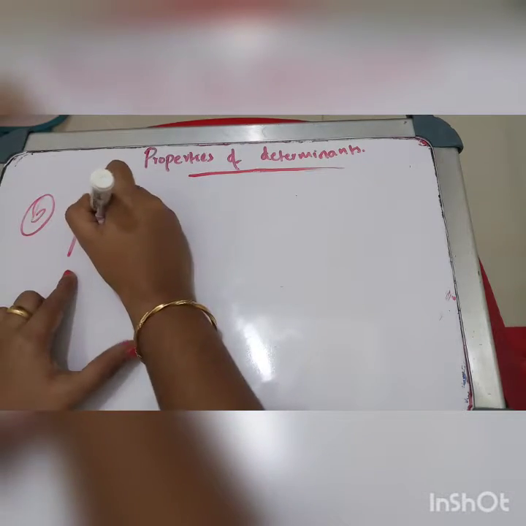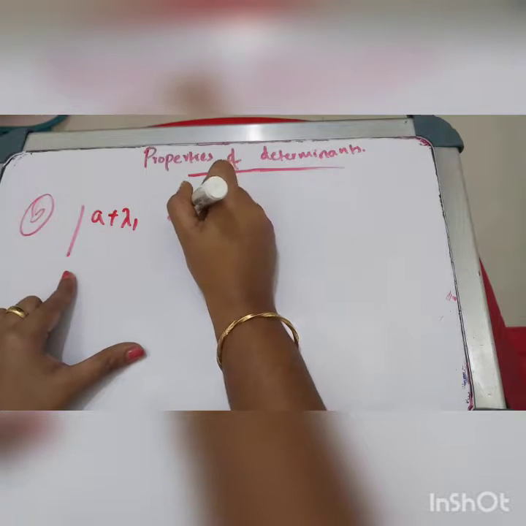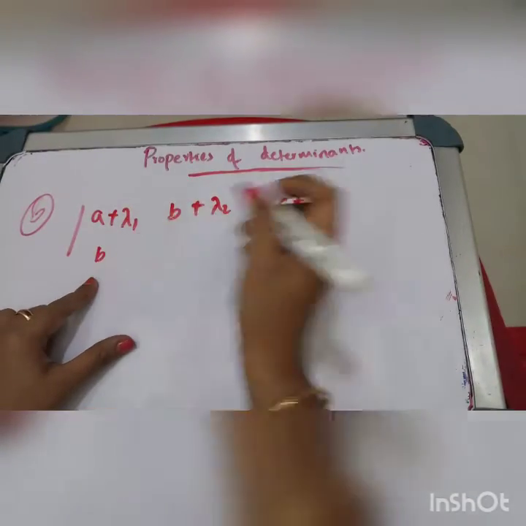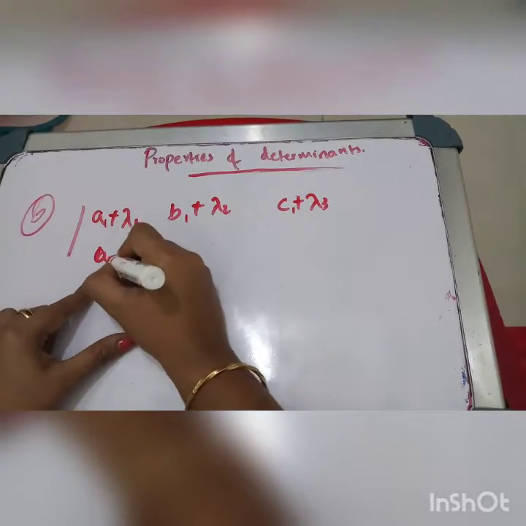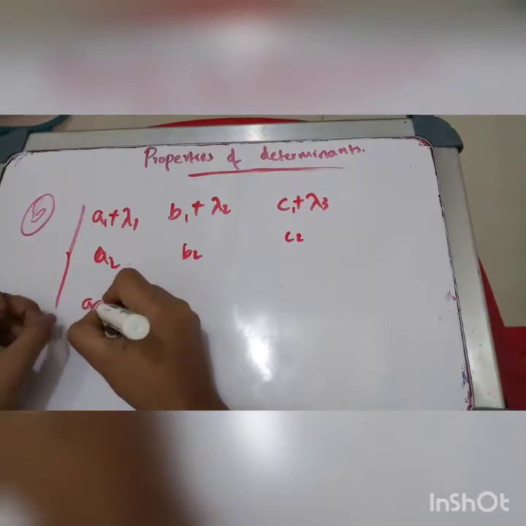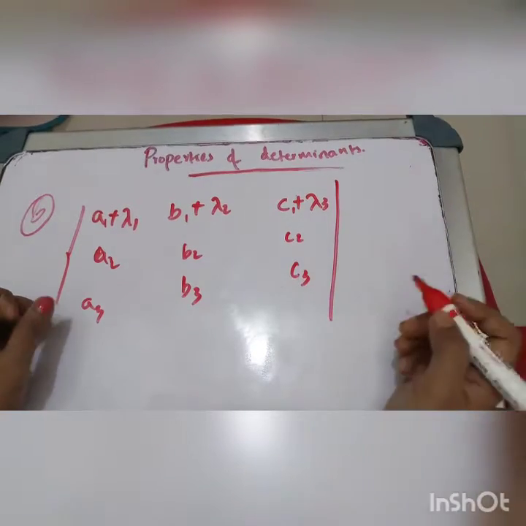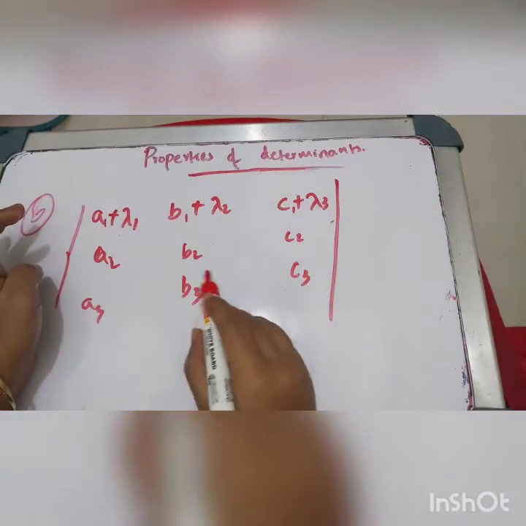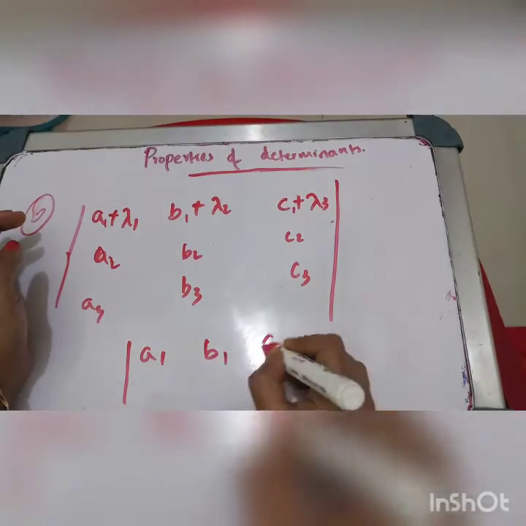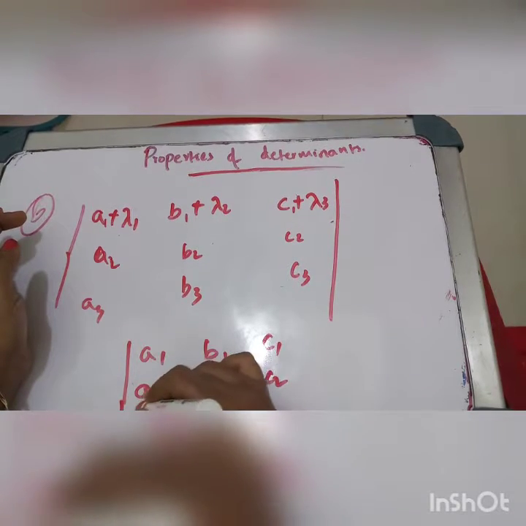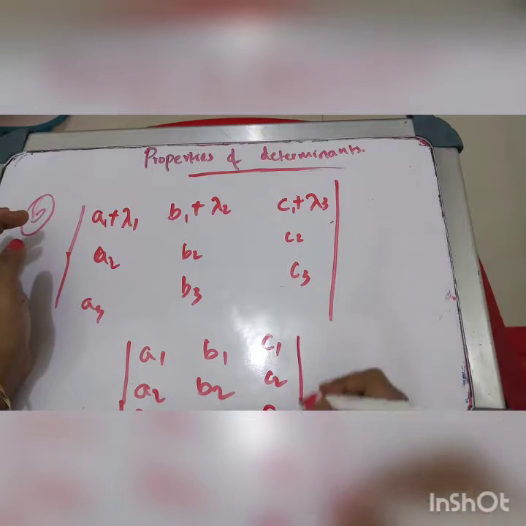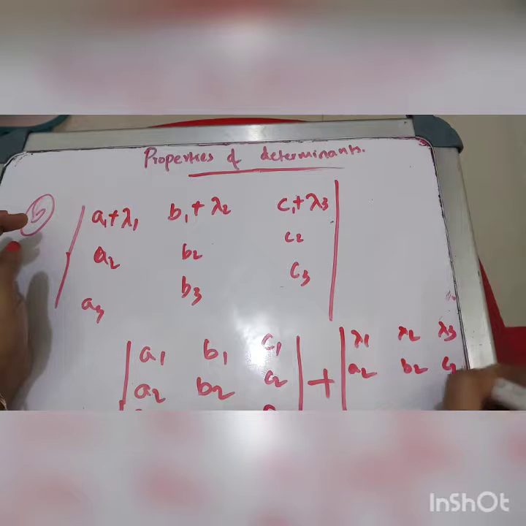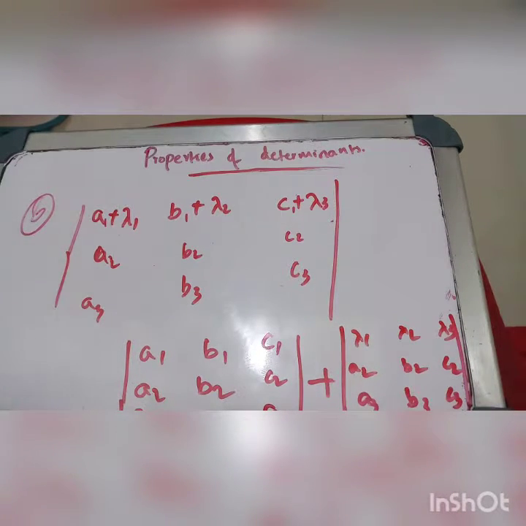Consider an example: if each element in a row is expressed as a sum, then the determinant can also be expressed as the sum of two determinants. This is property number 6.